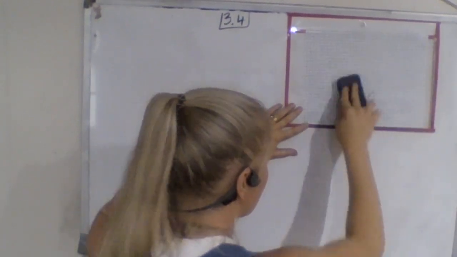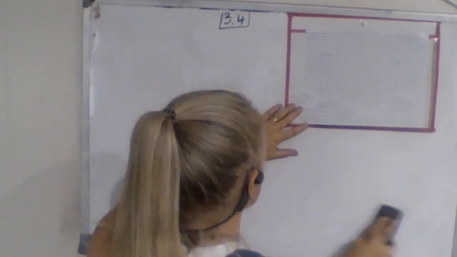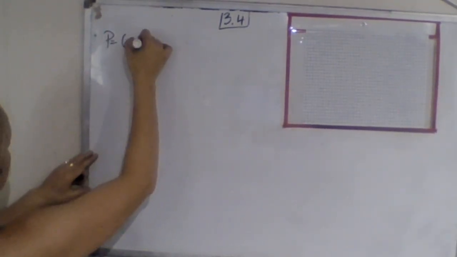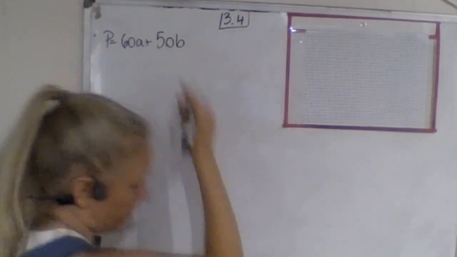They have a very good graph in the book for you. Now, the problem is really nice, and they give us the functions that we're looking for. My objective function is P equals 60A plus 50B. How do I know that? Let's read the problem.